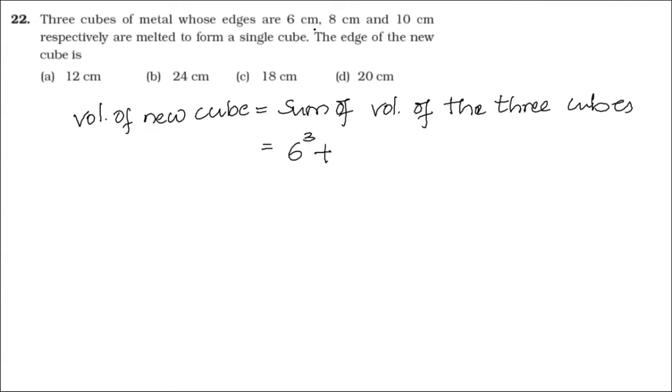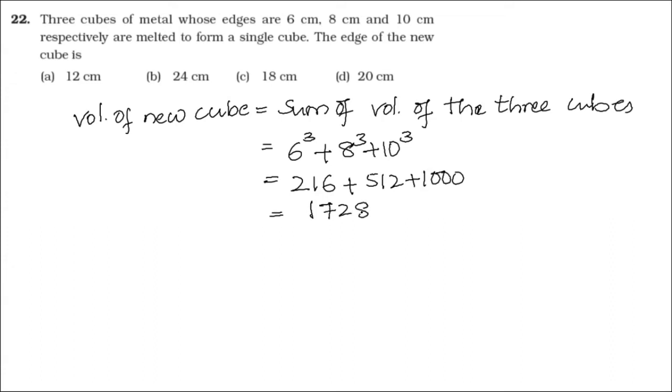So side 6 centimeter, we need to cube that, plus 8 cube, plus 10 cube. You should know the cubes of these smaller numbers. It will be 216, 8 cube is 512, and 10 cube is 1000. If you add them, we get 1728 centimeters cube. Since it is volume, it's in terms of cube.